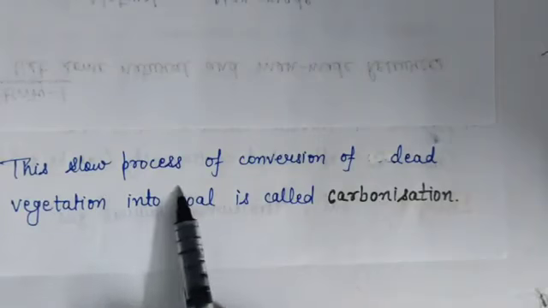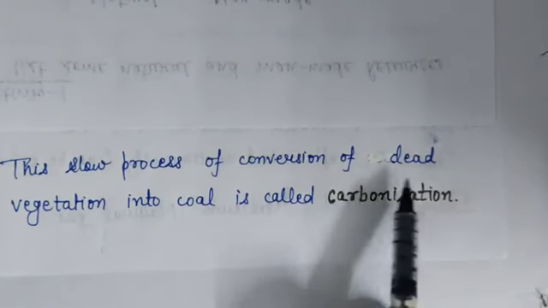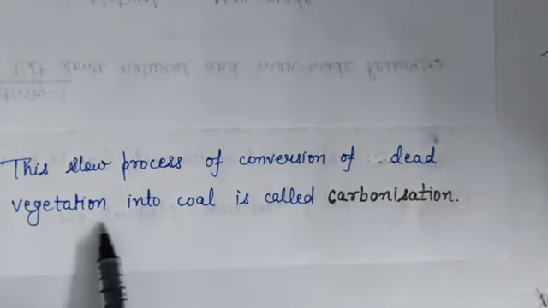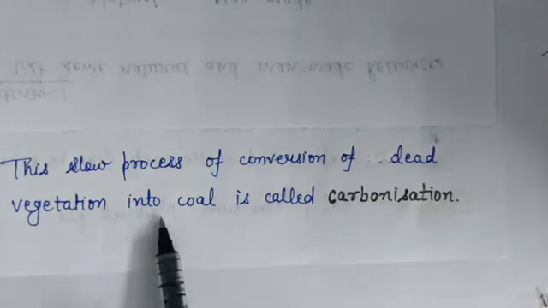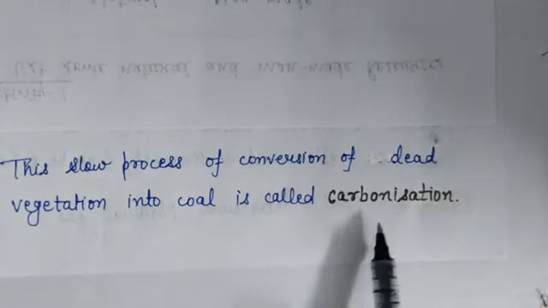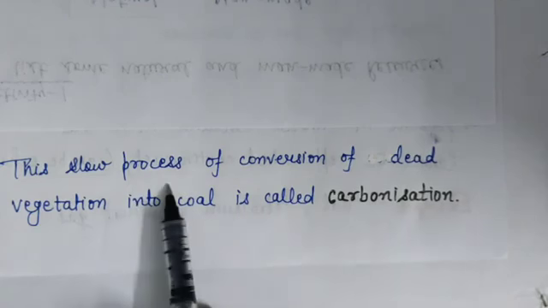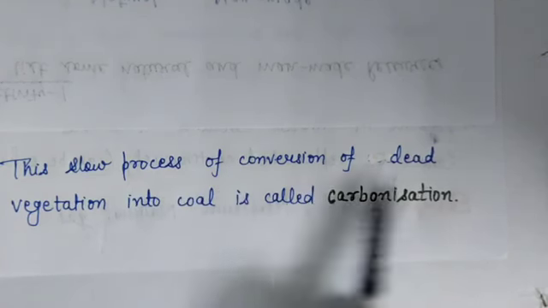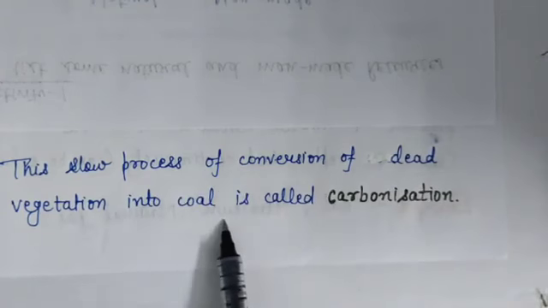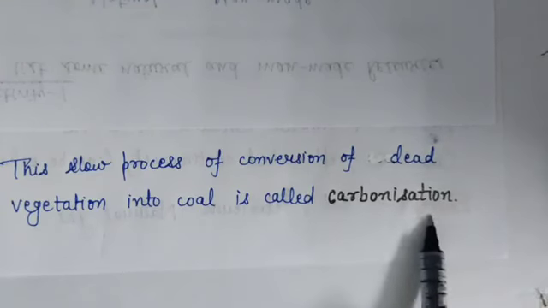This slow process of conversion of dead vegetation, meaning dead plants and animals, into coal is called carbonization.